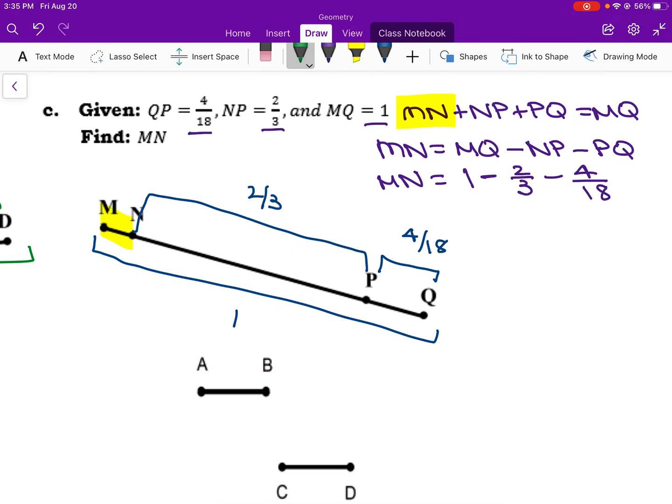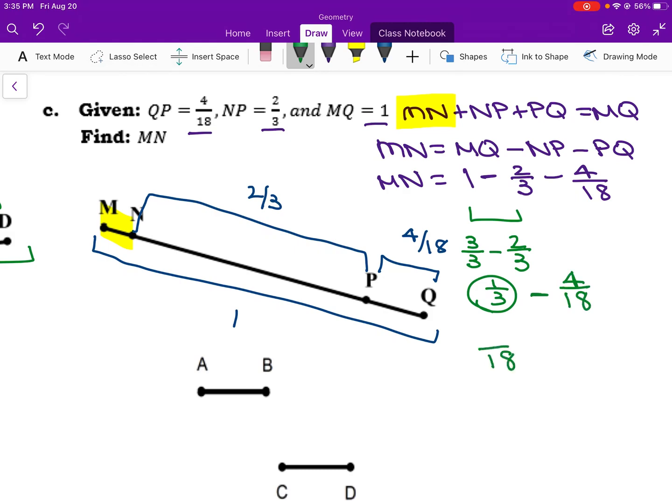Okay, so this is where we have to do some fraction math in the background here. If I'm subtracting these two, 1, I can adjust to 3/3, right? I always want to write my whole number as a fraction with a common denominator to the one that I'm trying to combine it with. So if I take 3 over 3 minus 2 over 3, this is giving me 1/3. And then this results in 1/3 minus 4/18, which I will have to adjust once again.